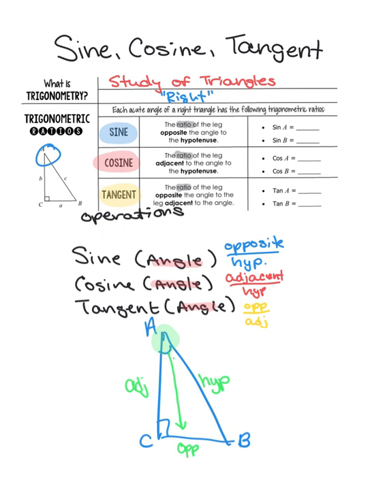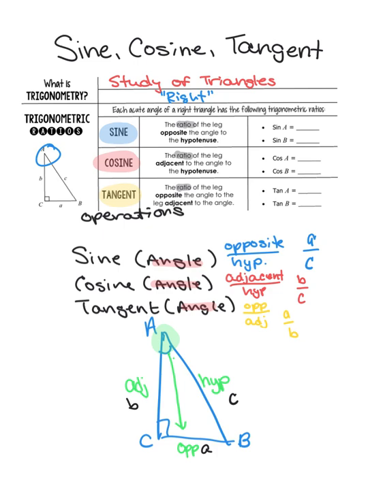They labeled this triangle for us. This side is little a, this side is little b, and this side is little c. The sine is opposite over hypotenuse, the cosine is adjacent over hypotenuse, and the tangent is opposite over adjacent.